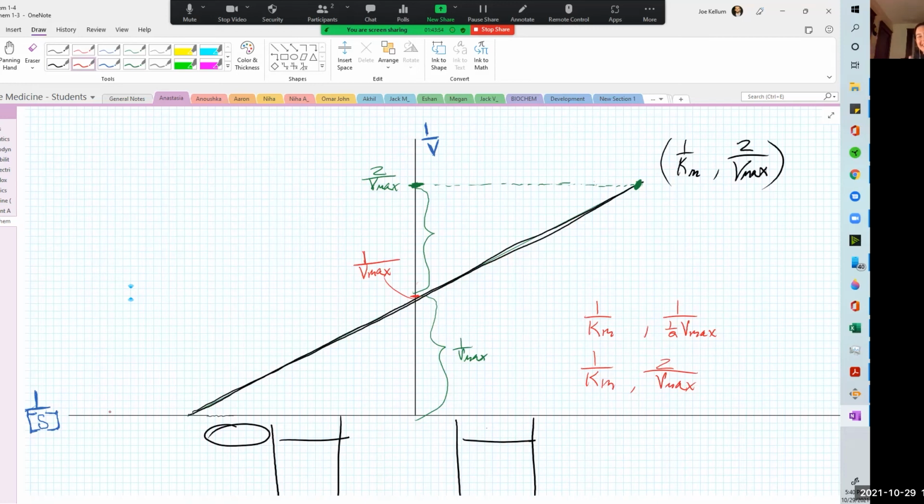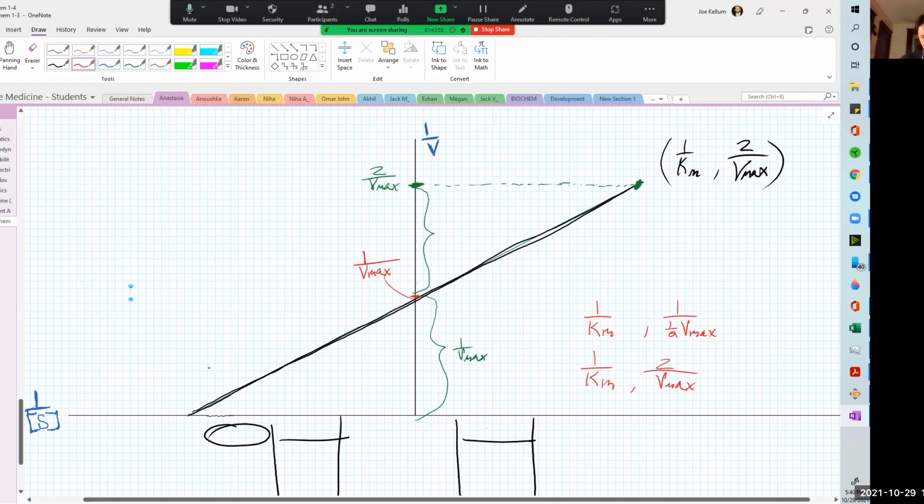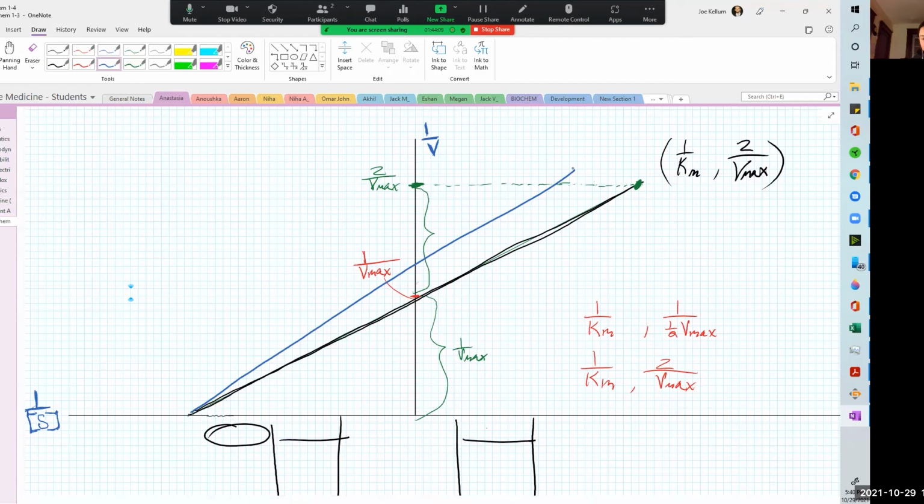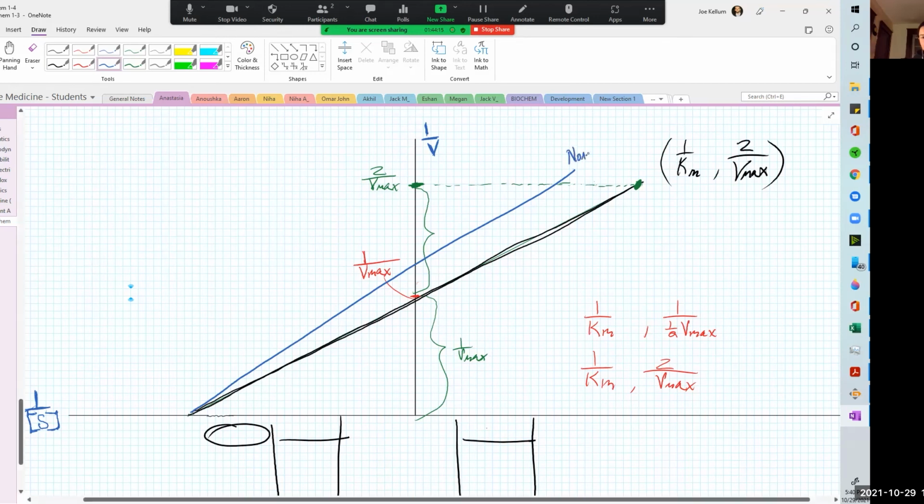Nice. You were making me doubt myself. I was going to draw a bunch of different lines on this and ask which one is right, but it would look kind of like this, right? Because you're going to have the same x-intercept and a higher y-intercept, because it lowered Vmax. So that is the non-competitive inhibitor.